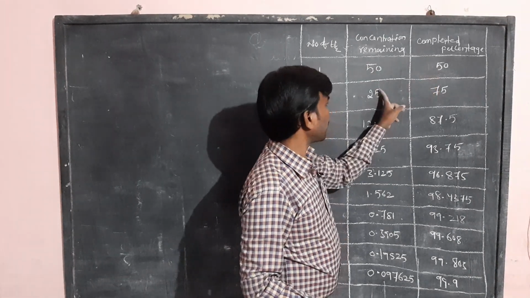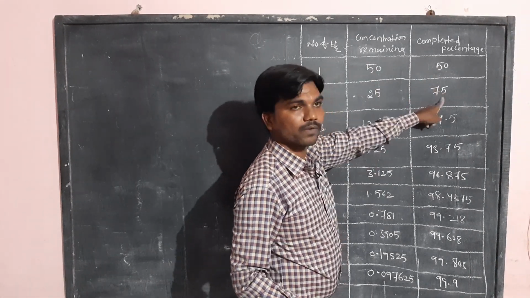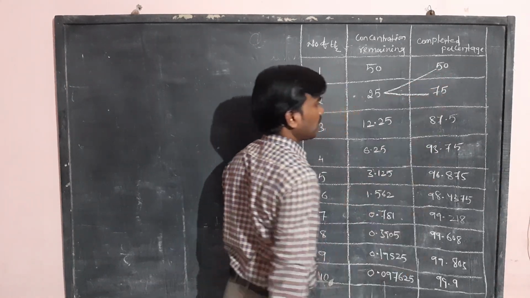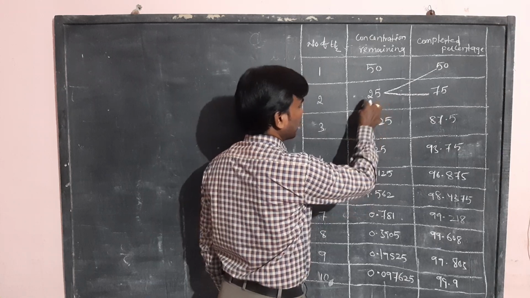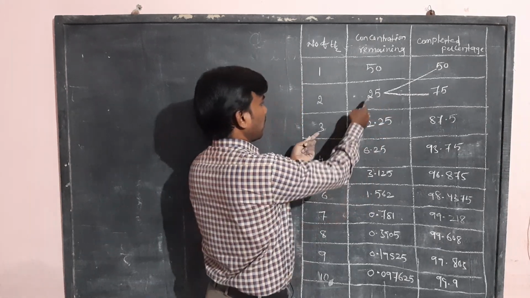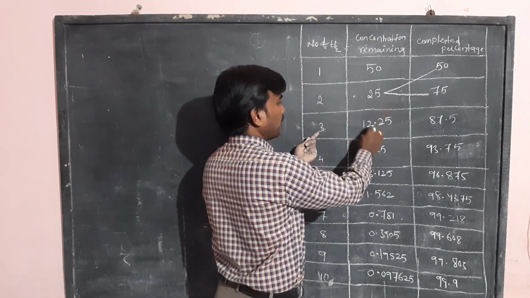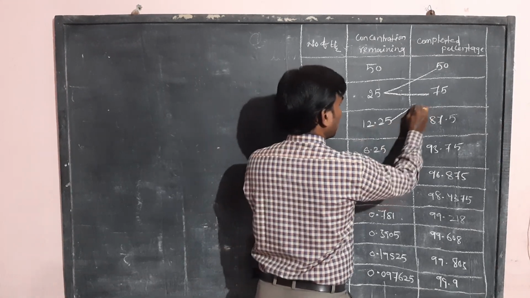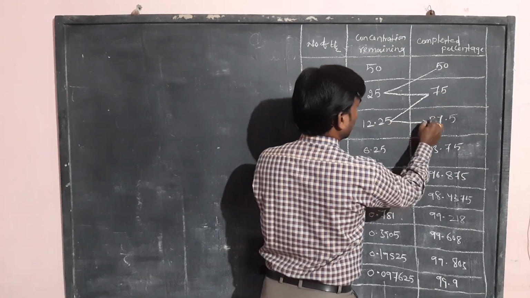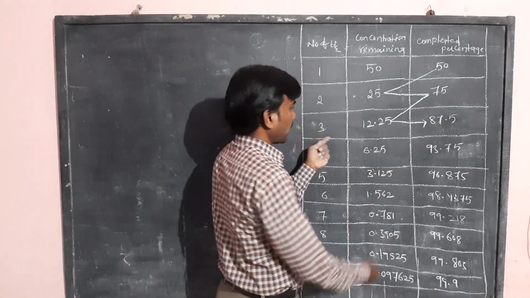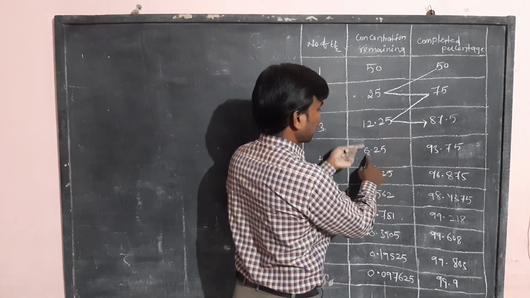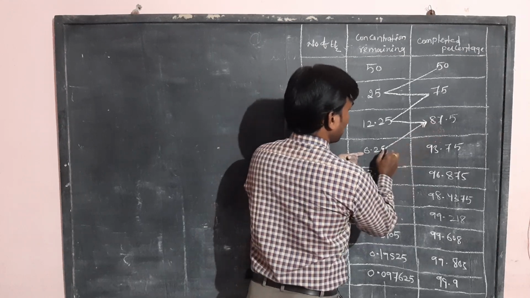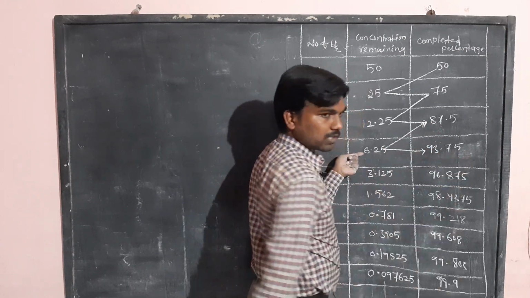So 50 plus 25 is how much? 75, right? Again from this 25, one more T half. In the third T half, 25 by 2 is nothing but 12.5. Add this 12.5 to 75, then you will get 87.5. Again take half of 12.5, which is 6.25. Add this 6.25 to this, and you will get 93.75.